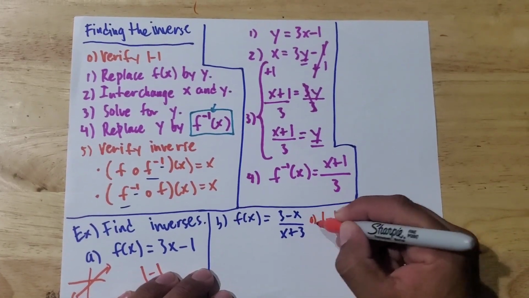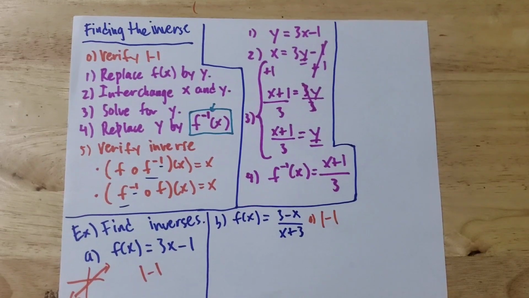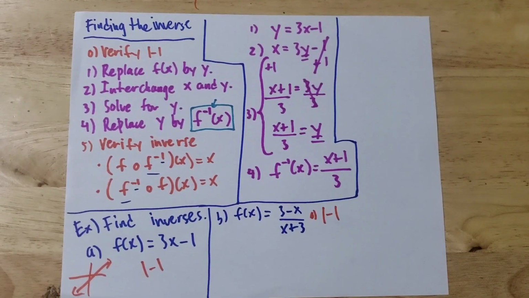So that's step 0. We know this is a one-to-one function. And in later videos during the week, you'll see why it is a one-to-one function, but that's when we get into talking about graphing rational functions, which I skipped really quick just so we can talk about inverses and a couple other functions.